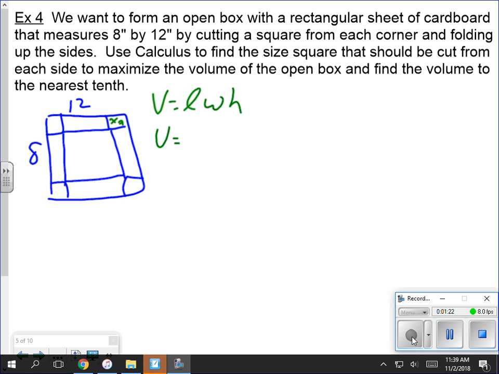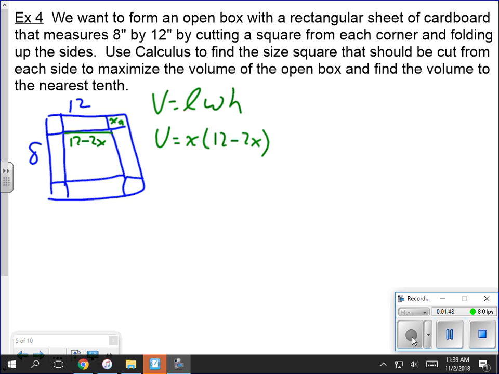Well, the height is x. When I fold up the sides, whatever I cut out is the height of my box. So I have x. And then I need to get my length and my width. So this distance here is going to be what? 12 minus 2x.